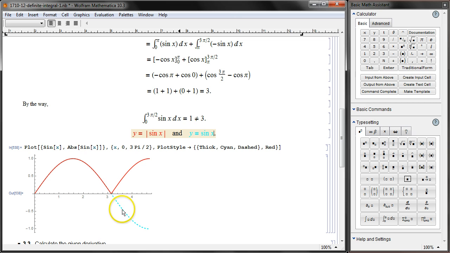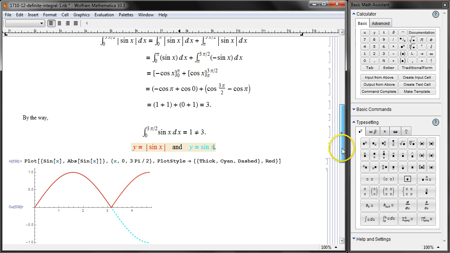As you can see, this light blue part goes down below the x-axis, but from 0 to pi the same, and pi to 3 pi over 2, as a matter of fact, absolute value of sine of x becomes negative of sine of x.